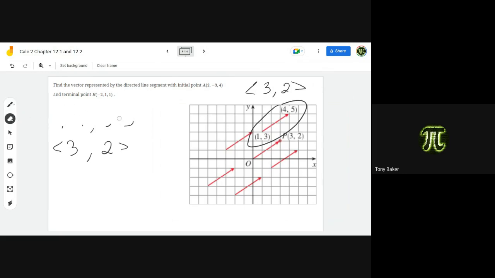So for the problem they've given me here, they gave me 2 points. A is 2, -3, 4, and B is -2, 1, 1. So what is this vector?